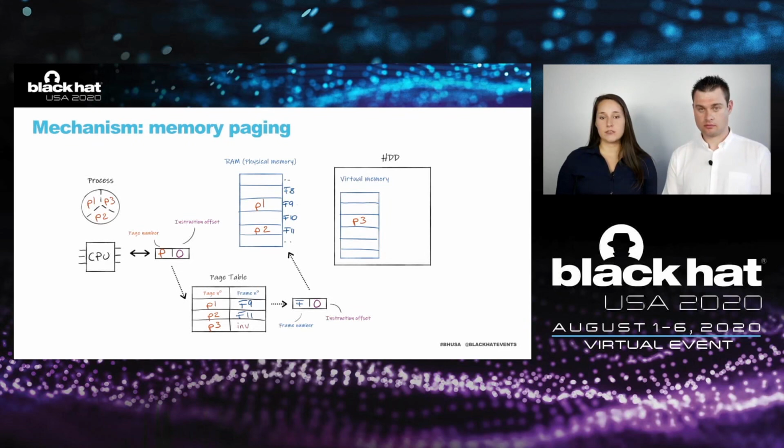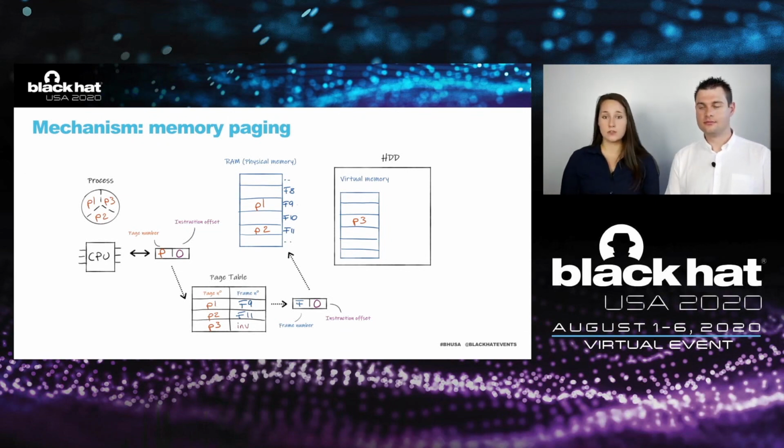But to understand this concept, we first need to make sure everybody knows what memory paging is and how it works. So, every process is divided into pages, which are same-sized blocks of data containing the instructions of the program, etc. Those pages will usually be mapped into the RAM, which is the physical memory, but they could also be mapped into the virtual memory.